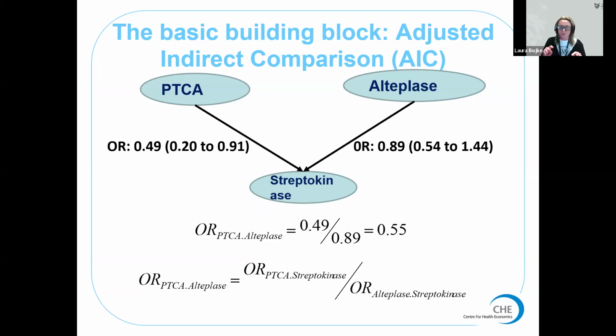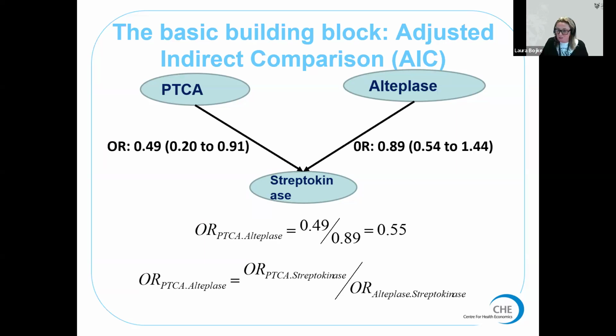But crucially, we don't have it for that top comparison, PTCA versus alteplase. And we want to use this indirect comparison approach to come up with a treatment effect, had we observed it within a clinical study. So that's what we do.